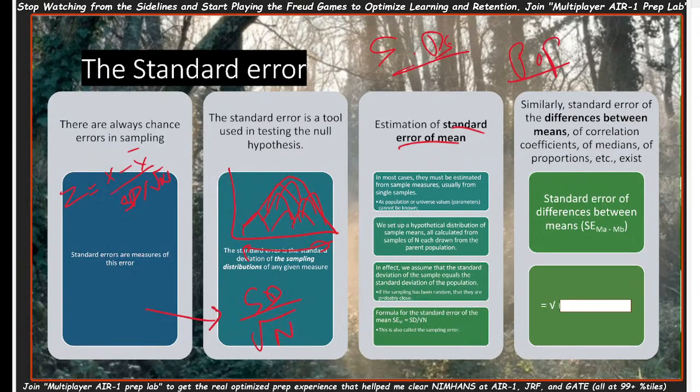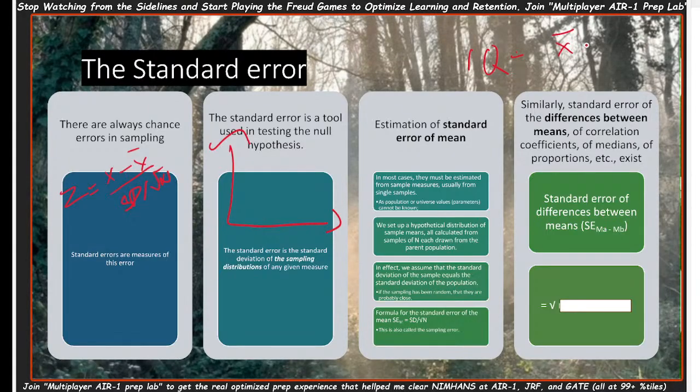Okay, because let's take the example of a one sample test. So we take the example of IQ because it is very common and we already know the population's mean as well as SD.